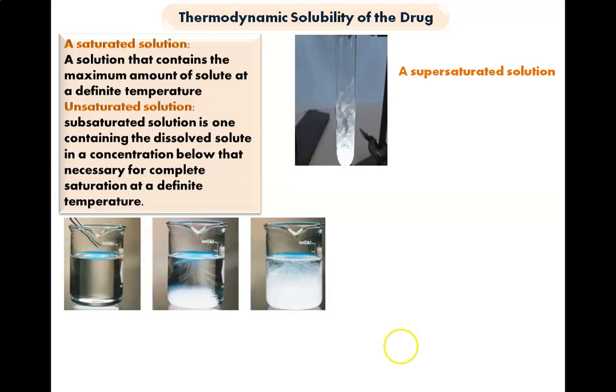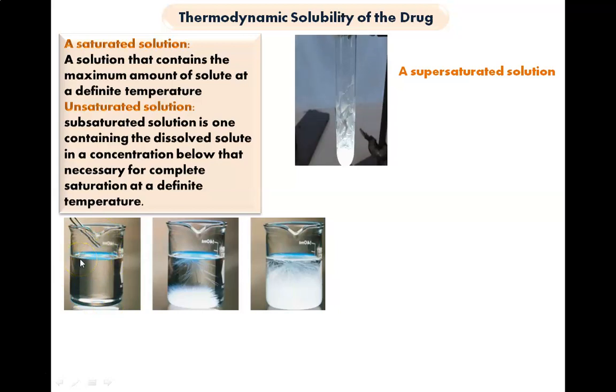What I am trying to say is the most stable crystalline form is considered. Take the example of benzoic acid. If I add crystals of it, it tries to solubilize into the solvent at a particular temperature in the beaker.